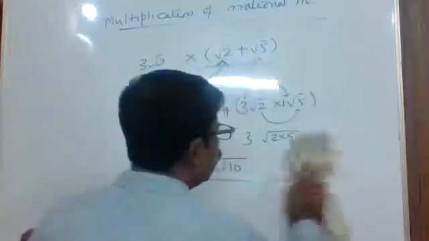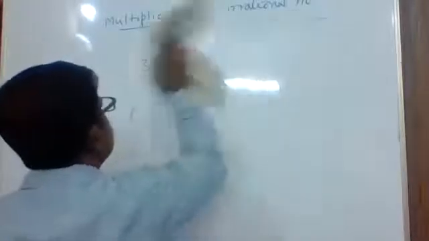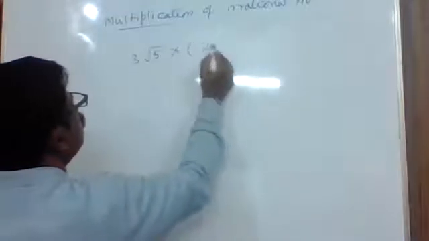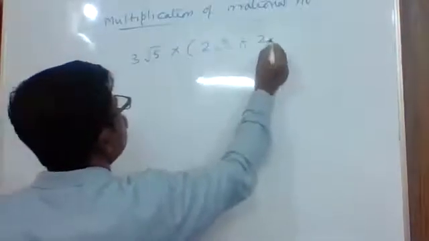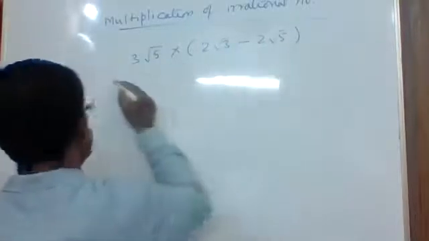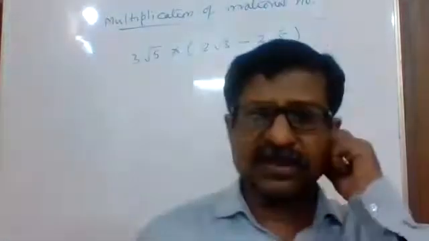We'll do more questions. It will be clear to you. Suppose 3 root 5 into 2 root 3 plus 2 root 5. This time I'm going to take a minus sign, suppose. Clear?